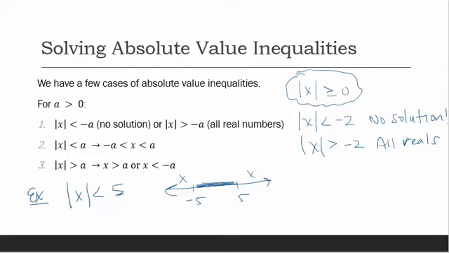So what we end up doing is shading between negative 5 and 5. Any of those will satisfy this inequality. And so we get x is between negative 5 and 5 for our solution, or parentheses negative 5 to 5 in interval notation.